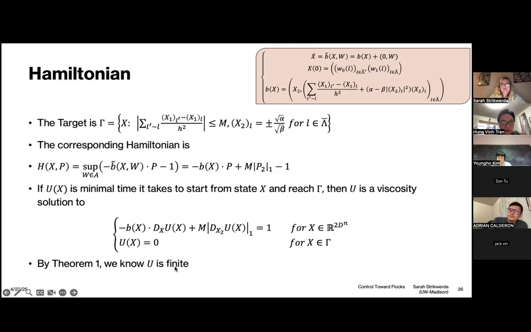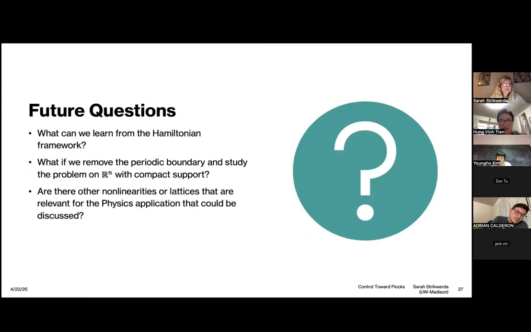So we've shown that u is finite, but we could do more to try to study this equation. But as you can see, that would be a challenging endeavor. So that's one future question. But other things that we have been thinking about is what would happen if we remove the periodic boundary and we just study the problem on all of R^n, but maybe with compact support to begin with.